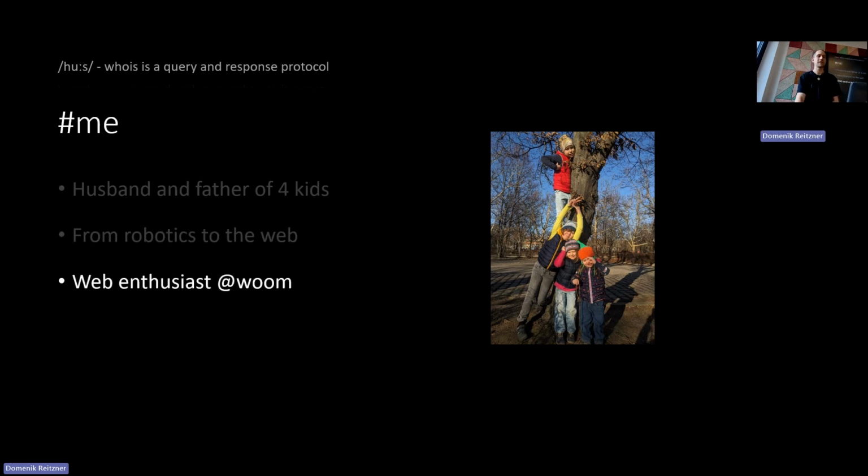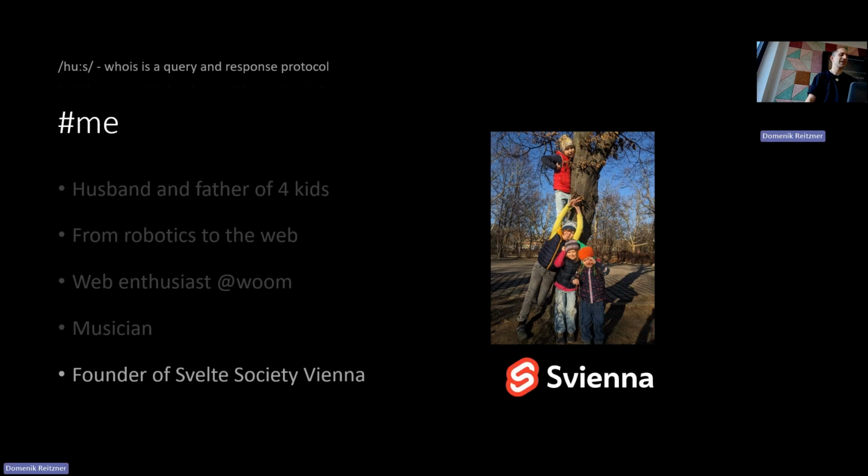I'm a web enthusiast at Woom, the kids bike brand. More on that later. I'm also a musician because 4 kids, full-time job, I needed a little bit more challenge. And I'm also one of the founders of Svelte Society Vienna because I need more buzz in my life as well.